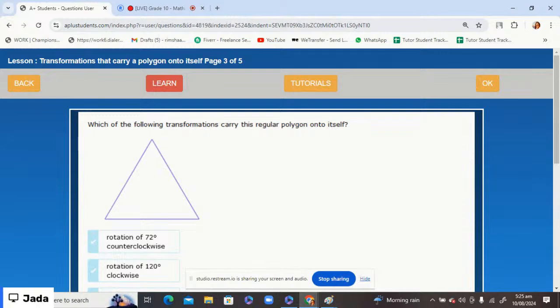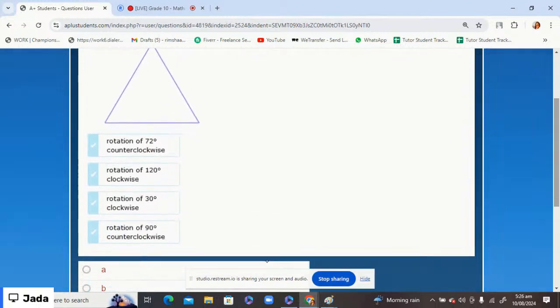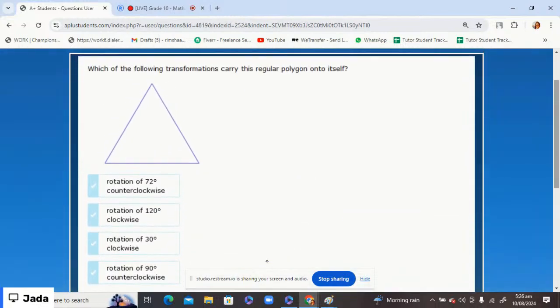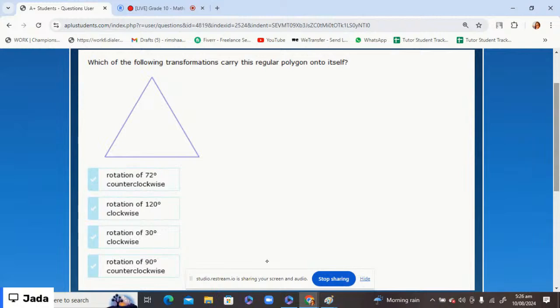Which of the following transformations carry this regular polygon onto itself? This is a triangle, and how many total sides? Three sides. Okay, and this is an equilateral triangle.